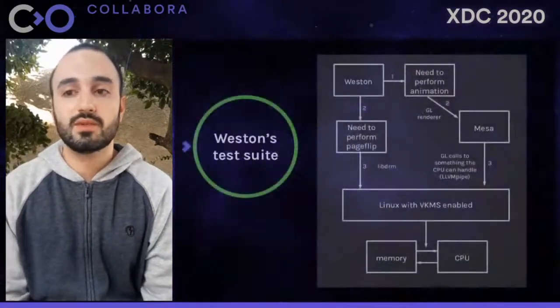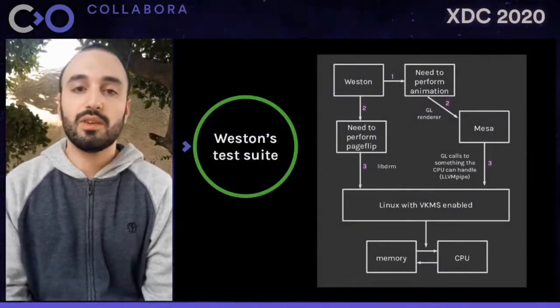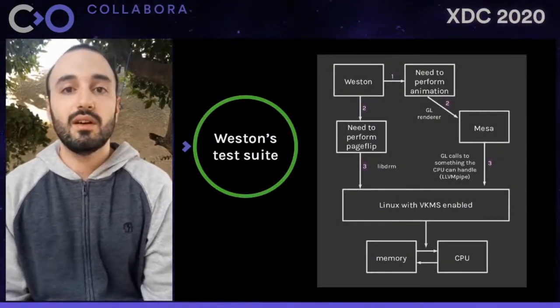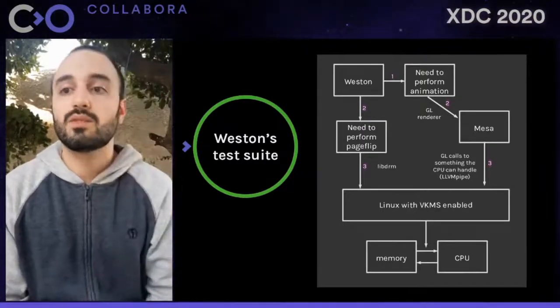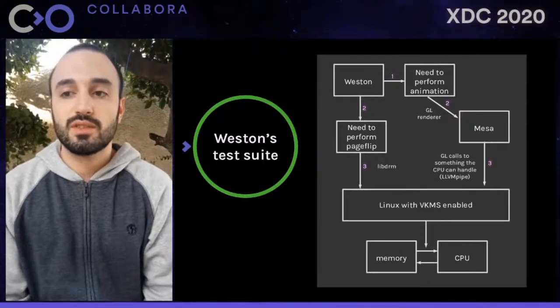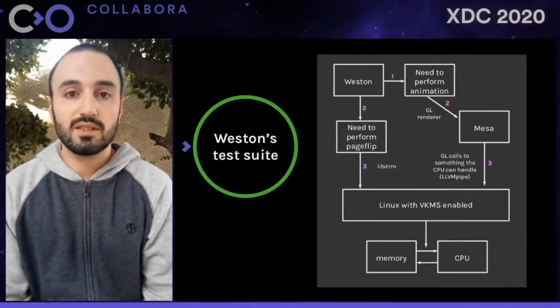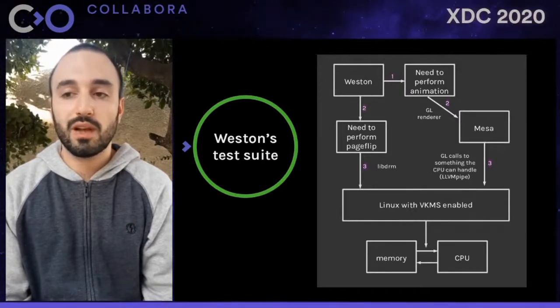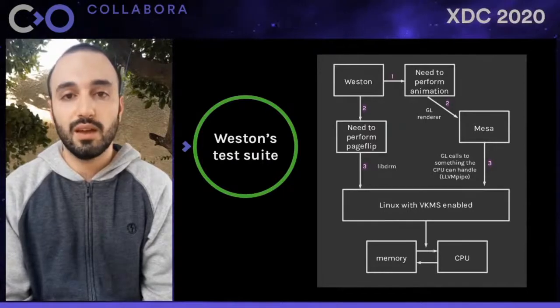Here's the test suite of Weston running on top of VKMS. On the right side we have an animation test. So as I said before, Weston will use its GL calls that will be handled by Mesa, and Mesa will fall back to software rendering and convert to something that the CPU can handle.